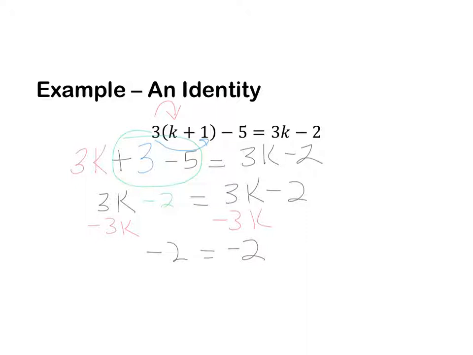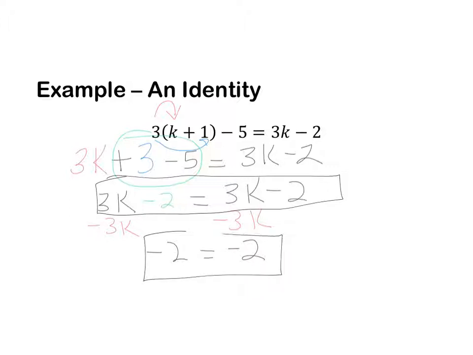Alright, while you were solving this problem, you may have noticed something back at this step right here. You have 3k minus 2 on one side of the equal sign, and 3k minus 2 on the other side. Your variables cancel out when you try to get them on one side, and you end up with negative 2 equals negative 2. Whenever you have exactly the same expression on each side of the equal sign, you get what is called an identity.